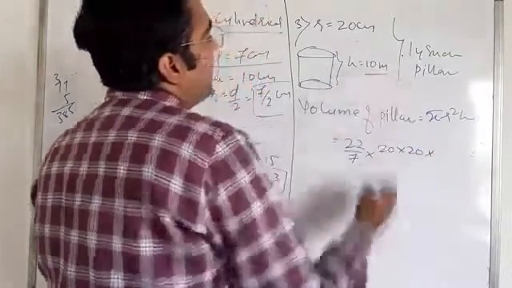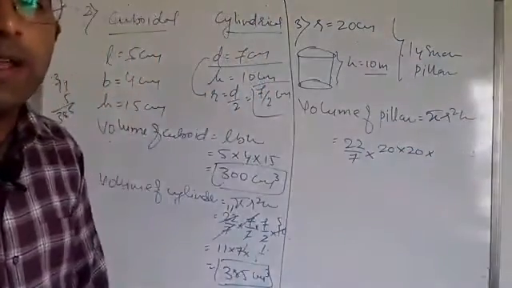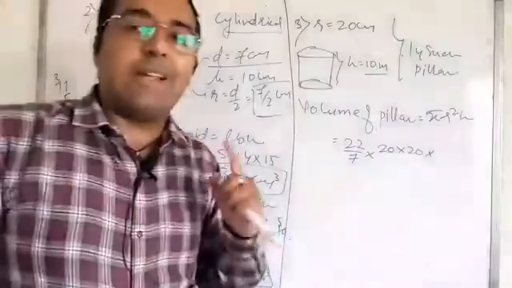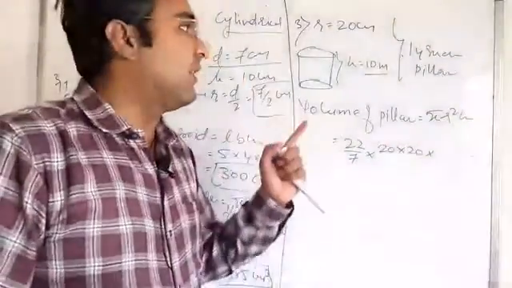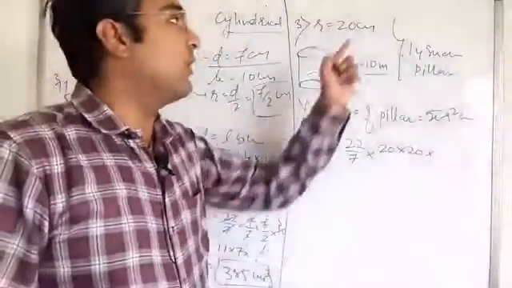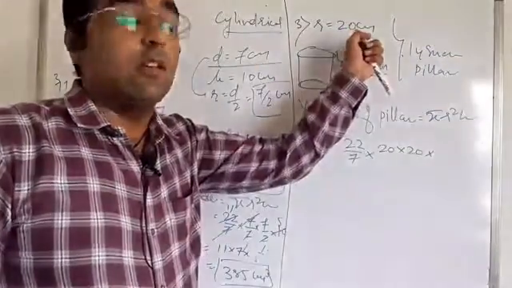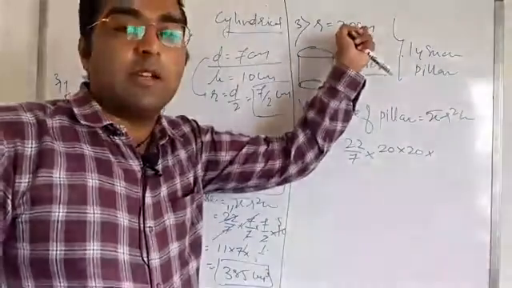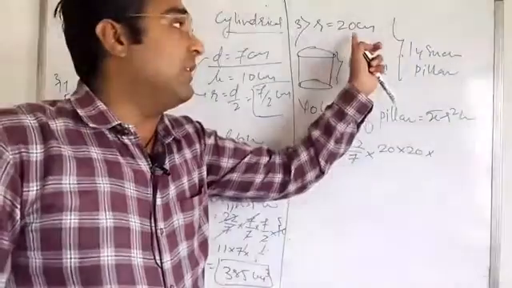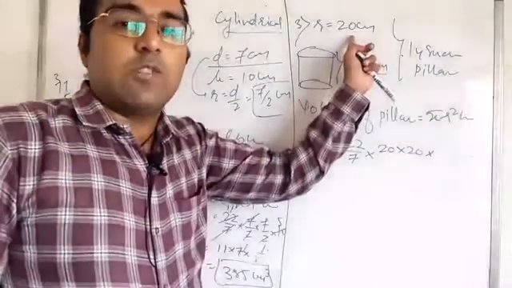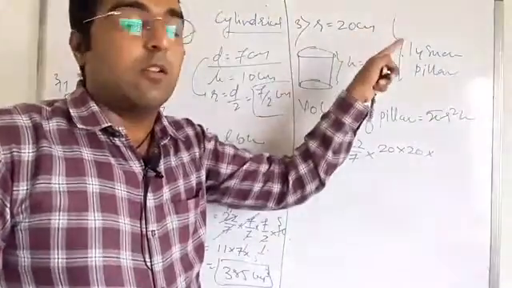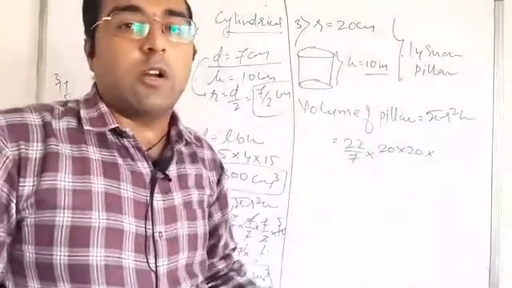Now height is 10 meter. So I'll multiply by 10 meter. If you want to change the radius, which is given in 20 centimeter, into meter, you can also convert it.